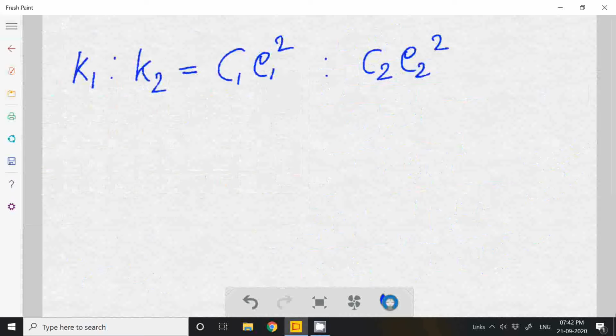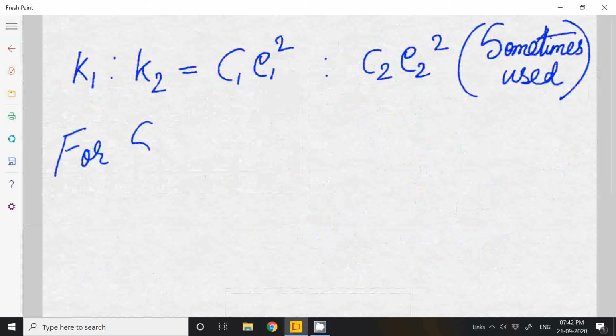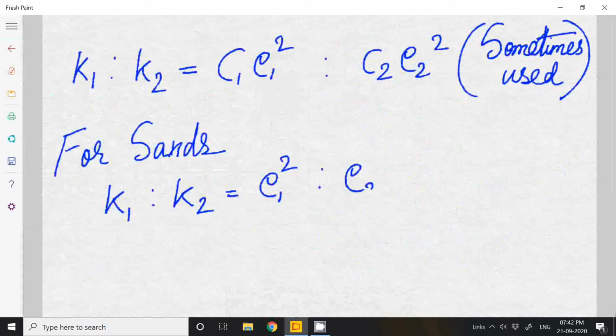This is sometimes used. For sands it will again be like c1 c2 get cancelled, so k1 is to k2 is equal to e1 square is to e2 square.